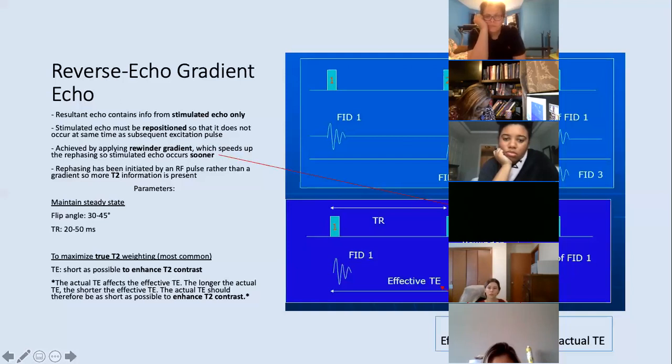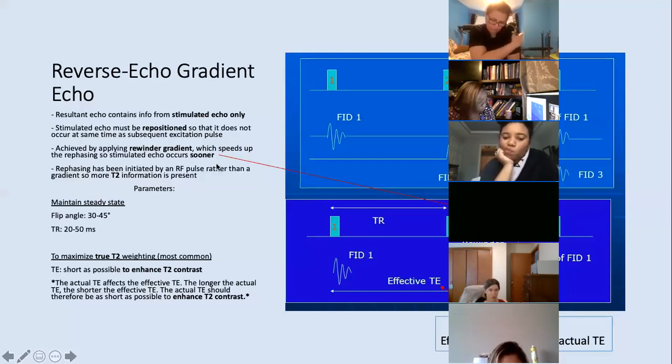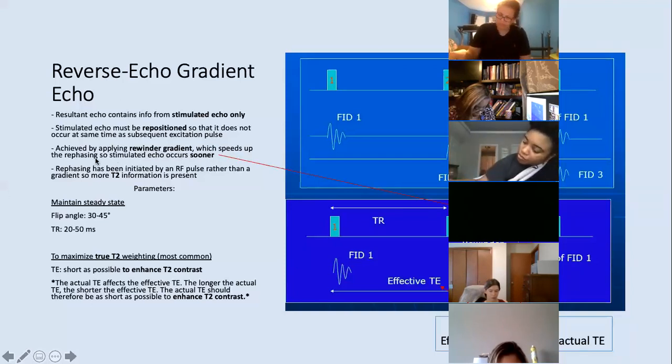So that we're now able to separate them, and what we do is we only sample the stimulated echo compared to the free induction decay. So this is achieved by a rewinder gradient, or you could say a rephasing gradient, a positive lobe, that speeds up the rephasing, or it accelerates the rephasing so that the stimulated echo occurs sooner than it normally would. So it's now off of our free induction decay of our third.